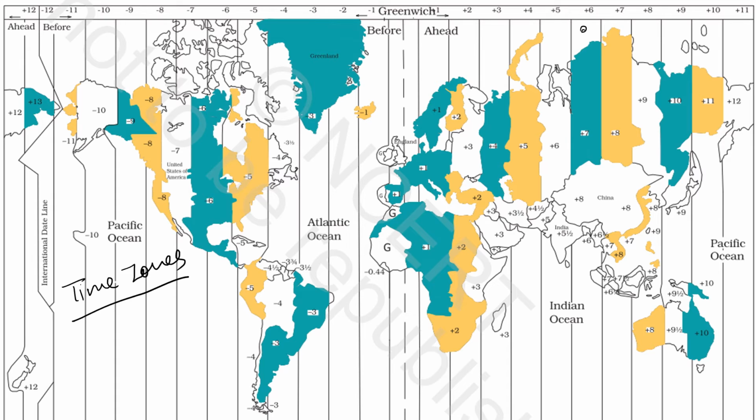So India has one time zone, that is 82 degree 30 minutes, that is called the standard meridian.